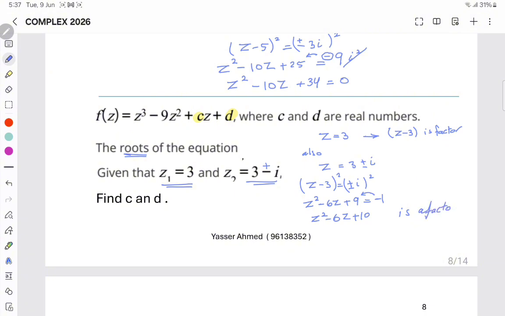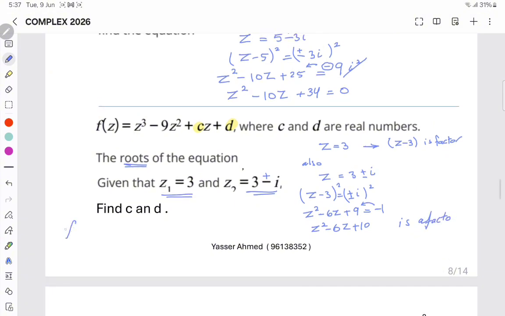So if you have factors, you can find the f(z) by multiplying the factors together. Their product gives us the cubic function. So it will be equal z minus 3 times z squared minus 6z plus 10. Expand normally.